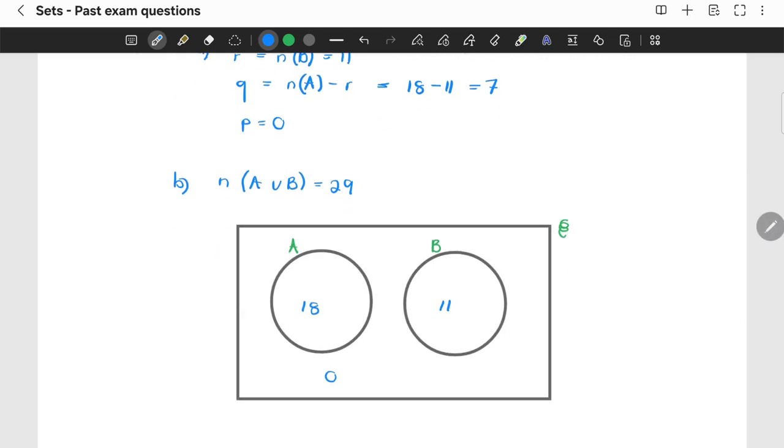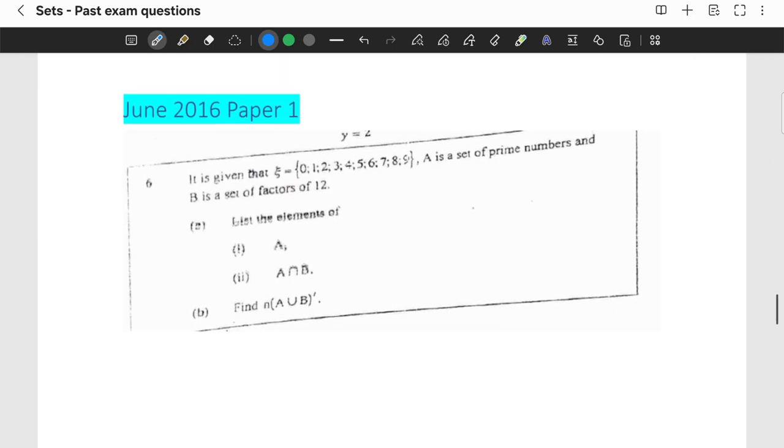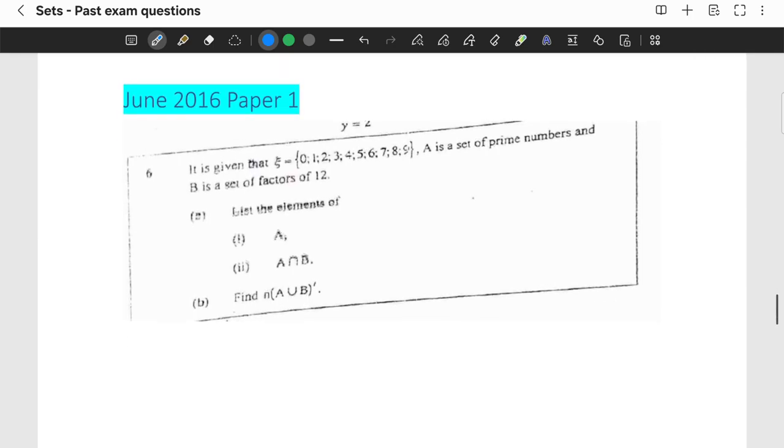So now A and B do not have an intersection, but when we have the union, it becomes 29 because it's 18 plus 11.